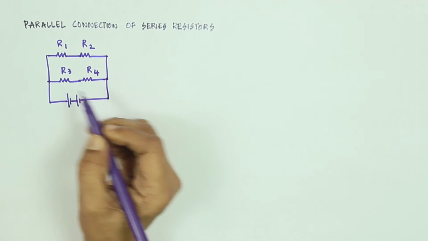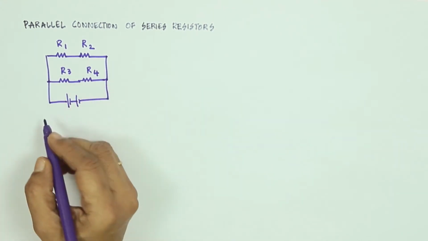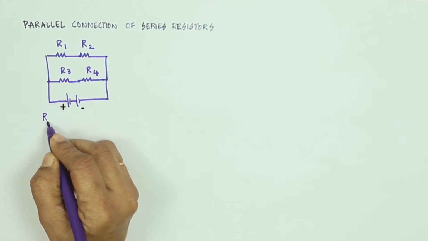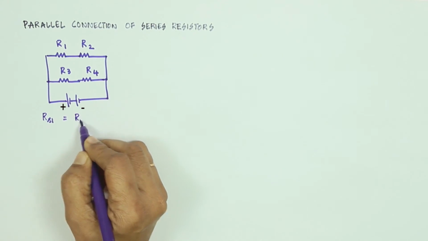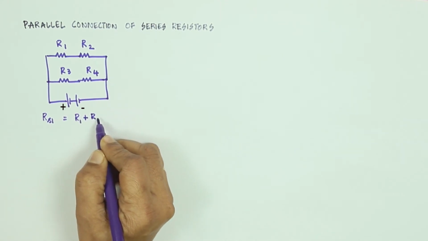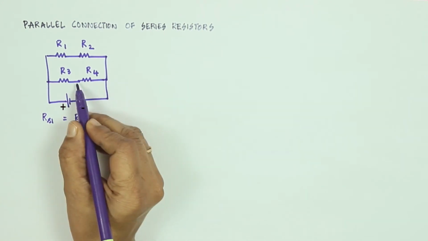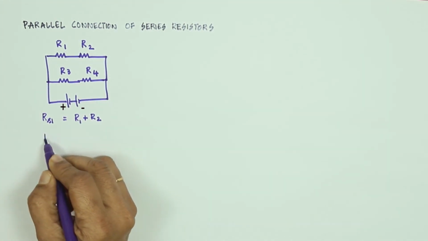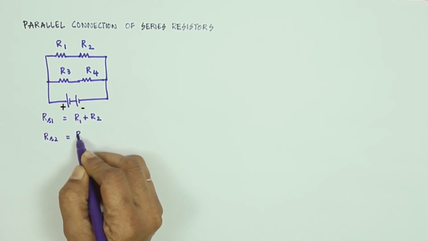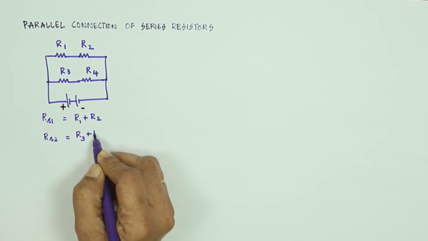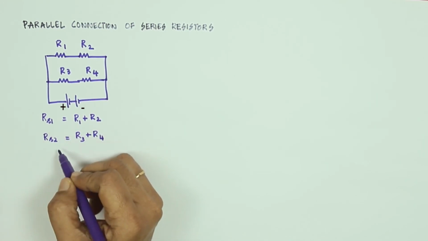Okay, first the effective resistance of the two resistors connected in series is given by RS1 is equal to R1 plus R2, and for the two resistors R3 and R4 connected in series, the effective resistance is RS2 is equal to R3 plus R4. Now these two are connected in parallel.